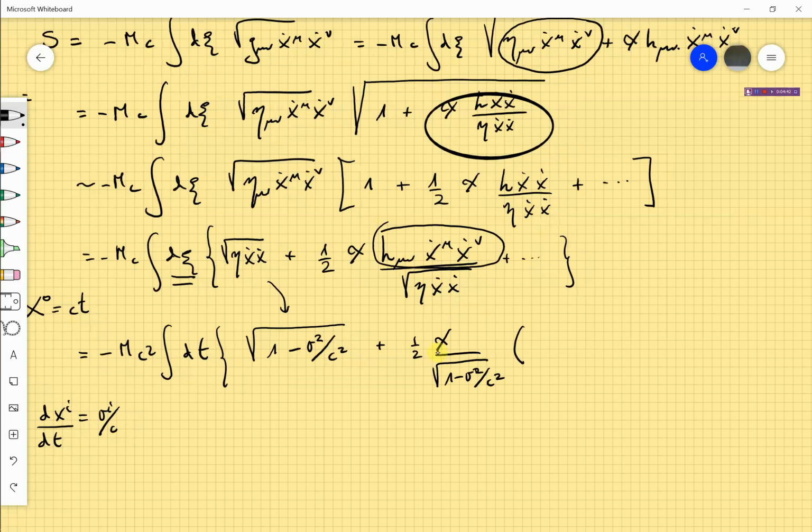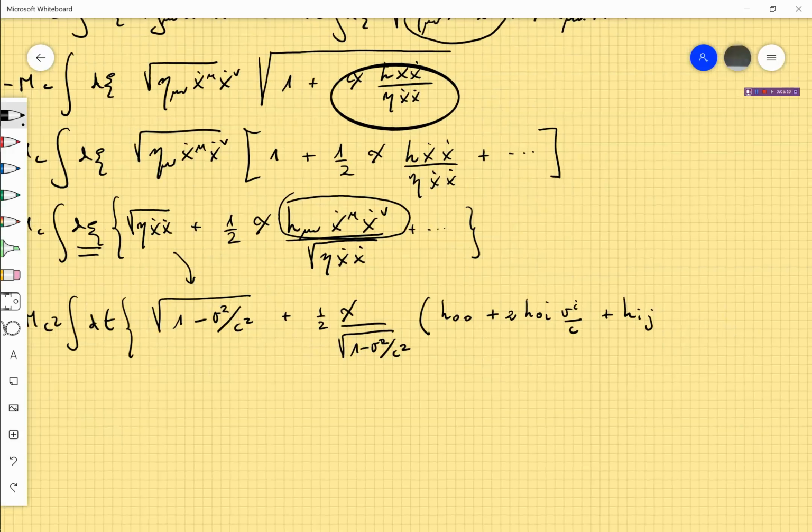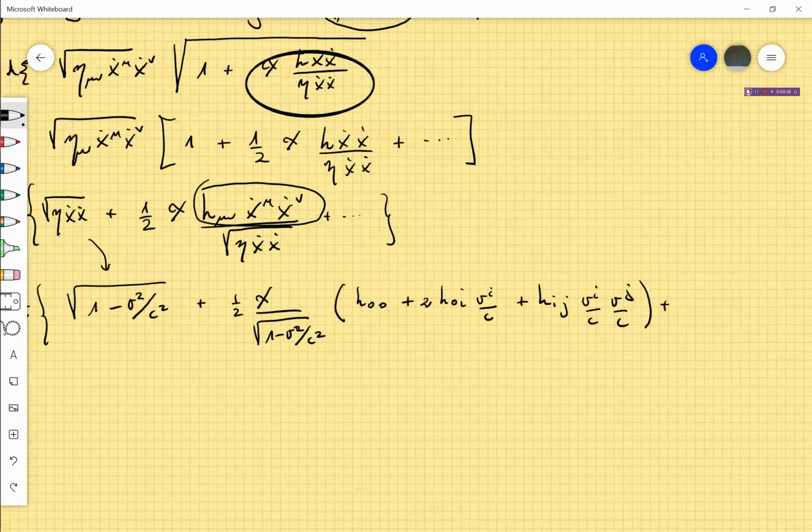The 0 components are multiplied by 1, so we have h00. The mixed components h0i and hi0 are added, so we get a factor of 2, and you have a 1 for the component 0 and v^i divided by c for the component i. And next you have the completely spatial component, so this is v^i divided by c and v^j divided by c, plus terms of higher order, times chi.